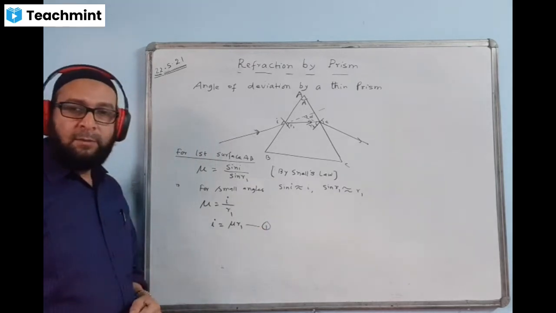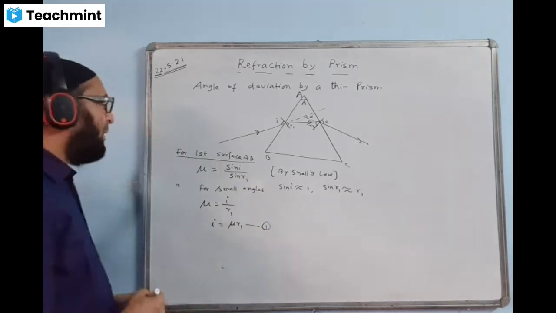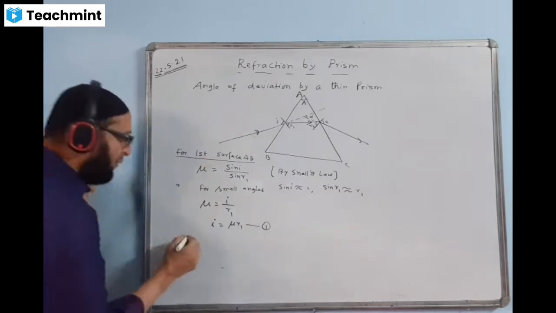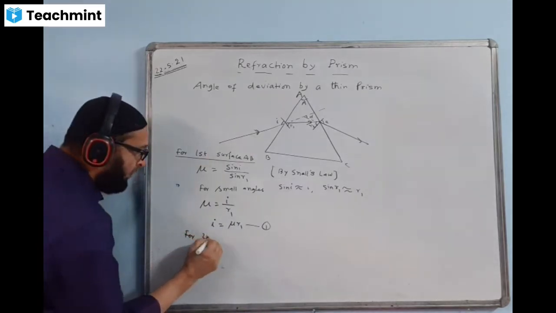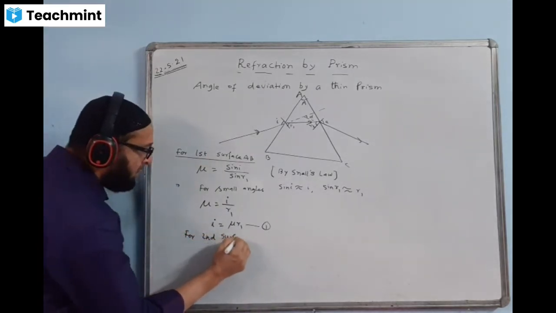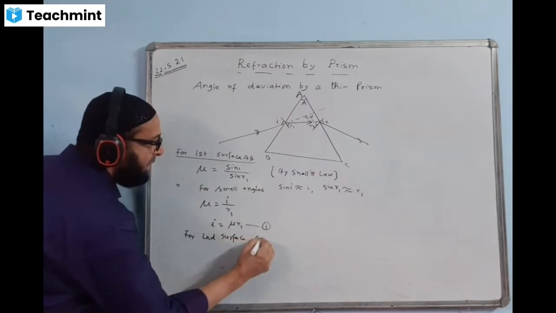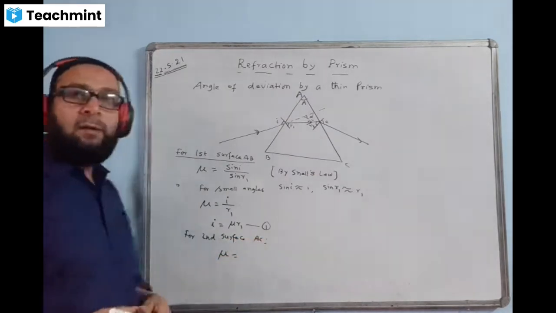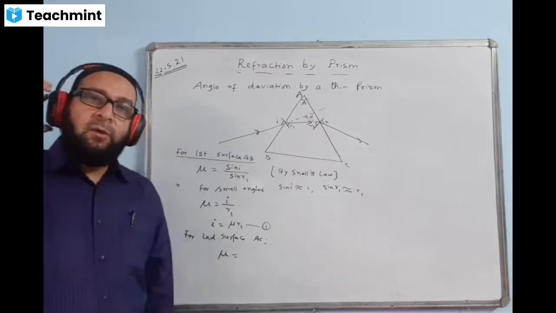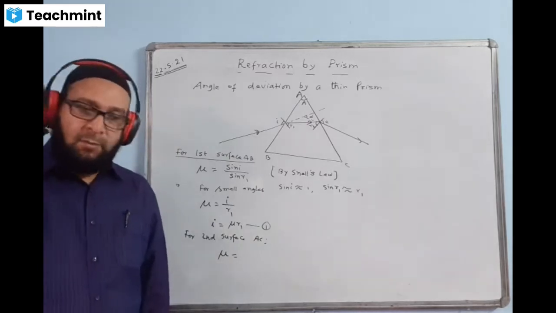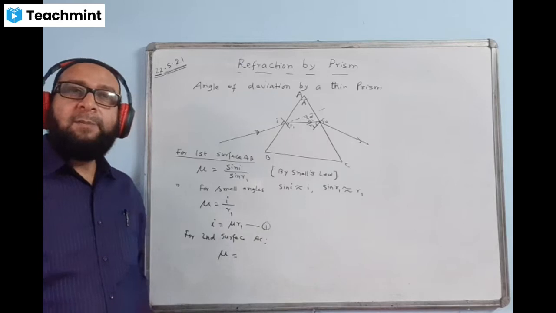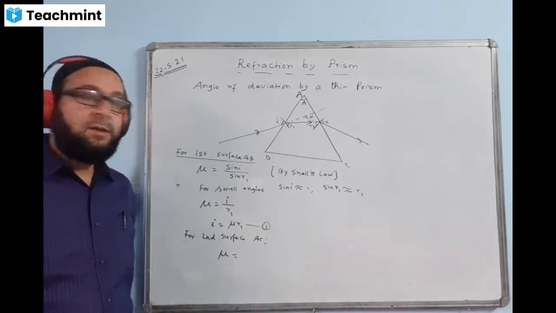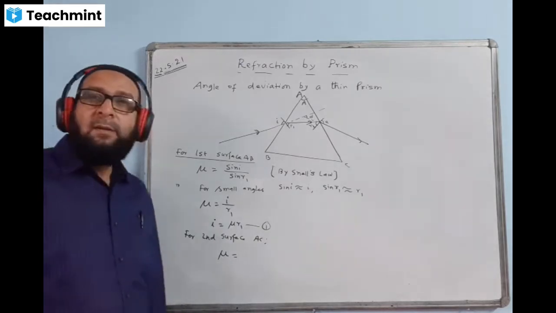That is better. Now I'll take the second surface AC. Again, I'll use the formula of mu. For the second surface, what formula should I write? Can any one of you suggest?